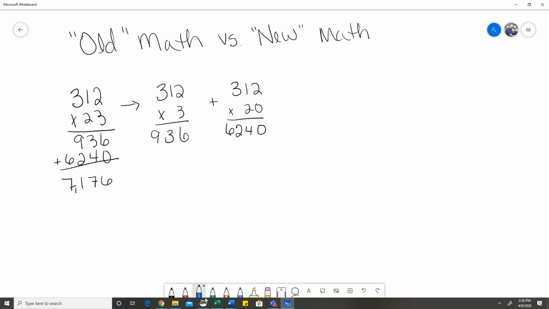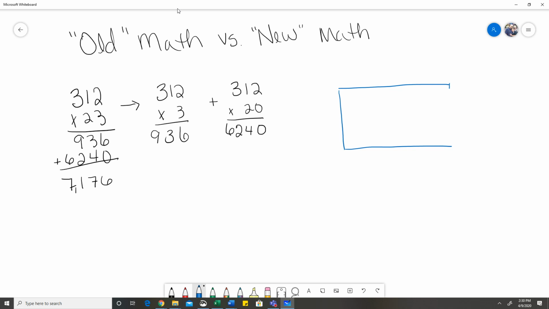Now let's take a look at the way they're doing it now. The way we're doing it now in many schools is that they're showing kids to break it down into parts.